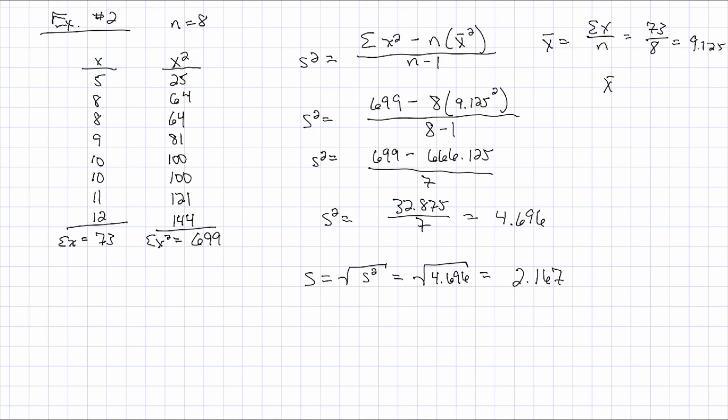For our average, I can report it as 9.1. For our variance and standard deviation, it is convention to use at least the same decimal place, if not one more. So if I did standard deviation, I would report it as 2.17.